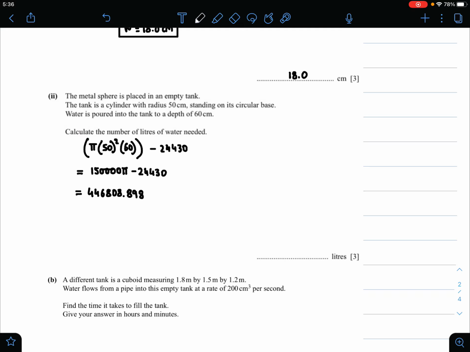now centimeter cubed to liter would only be possible if we divide the centimeter cubed by 1000.